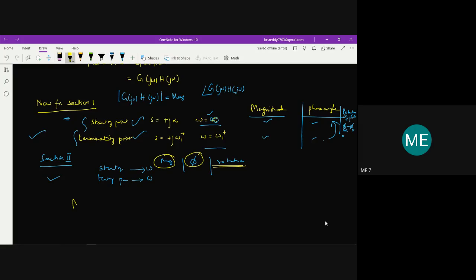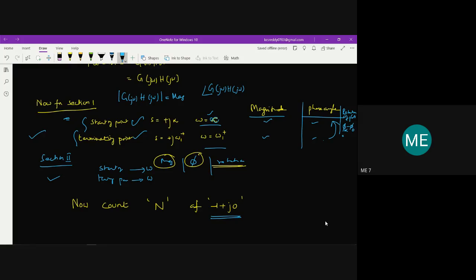Now after drawing this, we have to count the number of encirclements of the critical point -1 plus j0. This is very important. So we need to locate the -1 plus j0 point, then from that point you draw in any direction and count the number of encirclements.